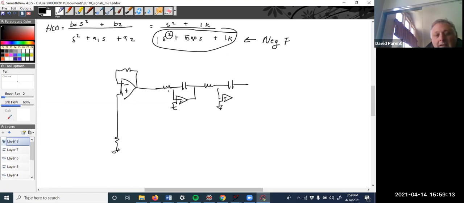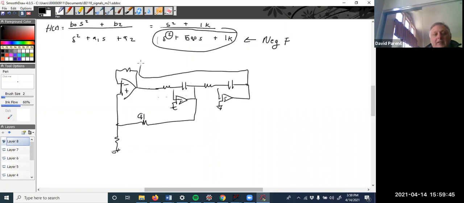And this first one will give me A1, but it's already minus A1 because it's inverting, right? So that's good. This is minus times a minus integrator. And now I have to make sure that it's negative, right?